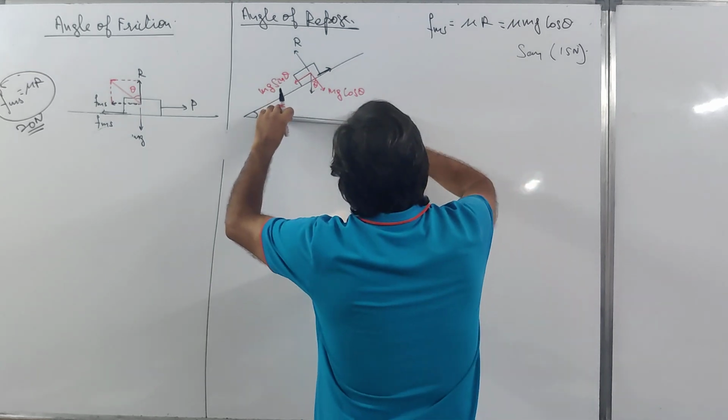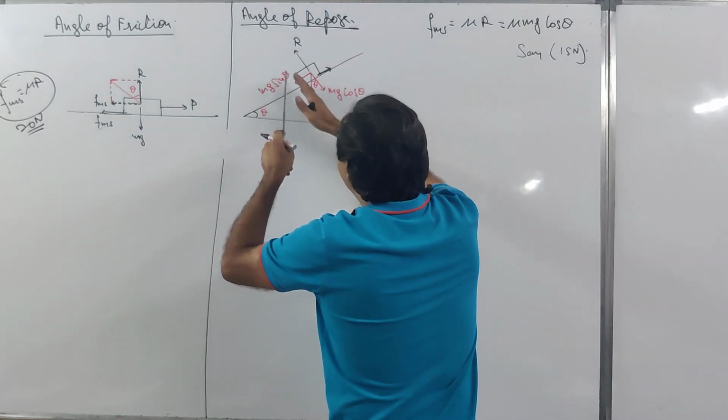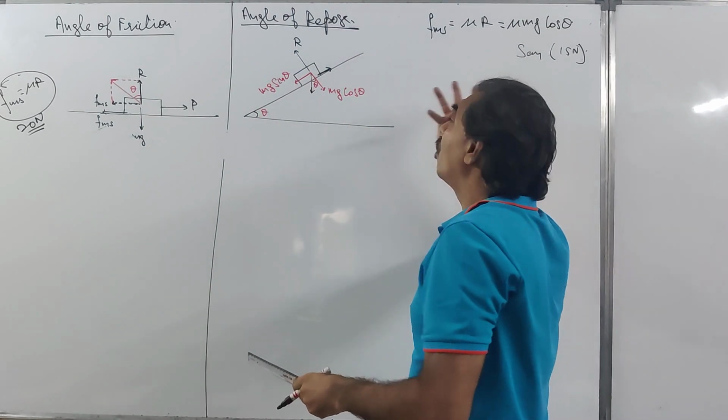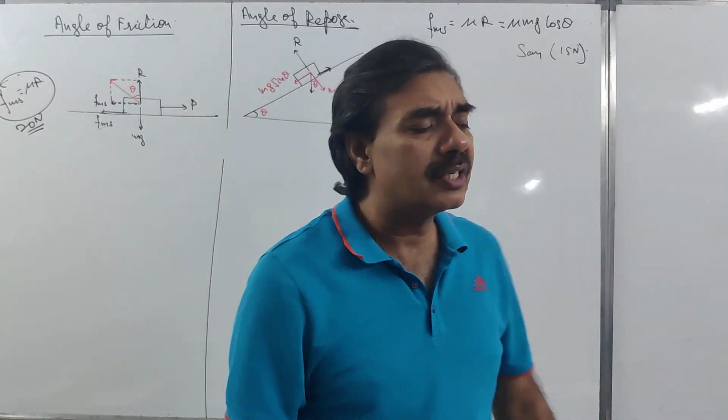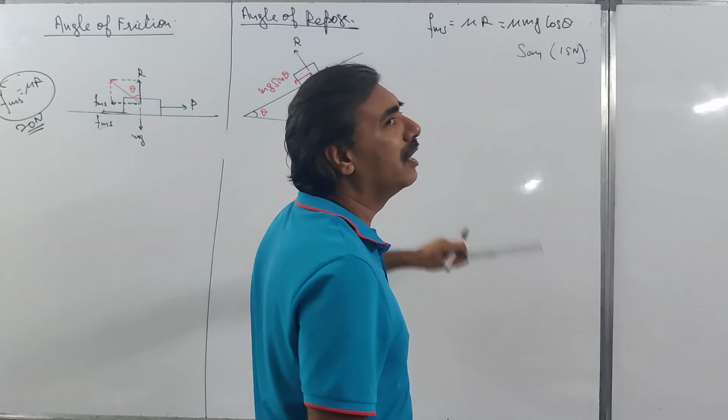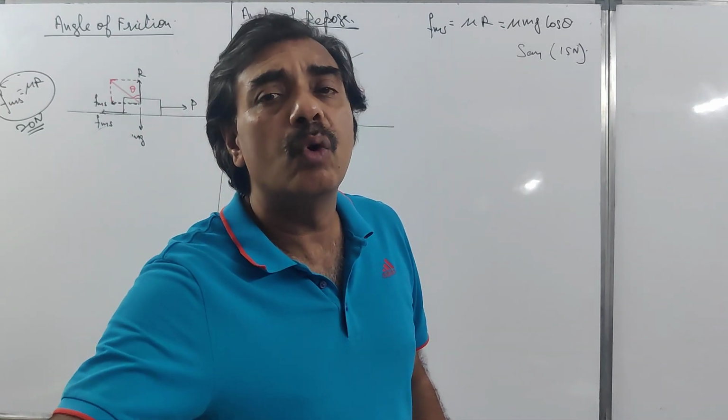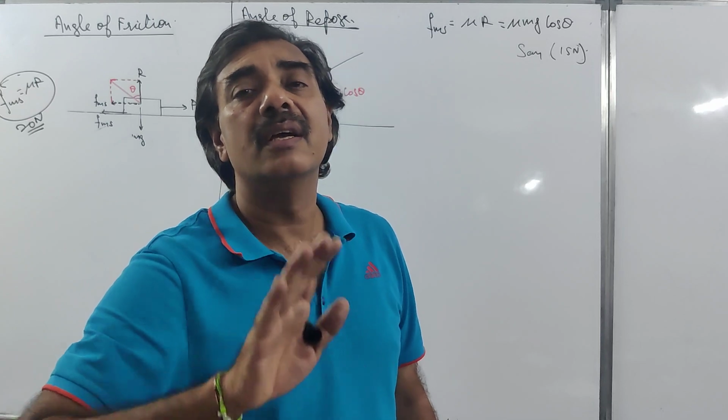Because as I raise the angle of the inclined plane, mg sin theta goes on increasing and mu mg cos theta goes on decreasing. The most important thing to understand here is that as I raise the angle of the inclined plane, the limiting friction goes on decreasing.